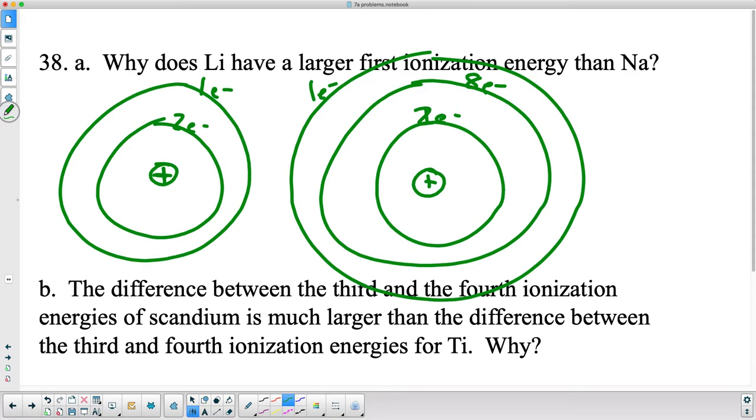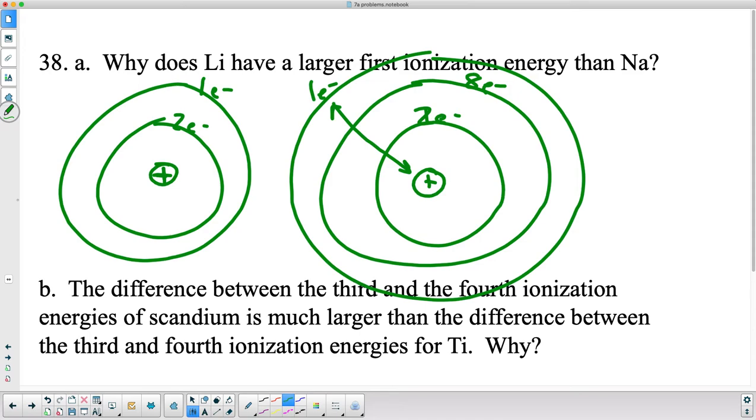First we have to know what ionization energy means. It means the amount of energy it takes to rip the outermost electron off. Notice there is an attraction between positive and negative. One of the main things is the distance between the 2 of them, and sodium has a larger distance, which means less attraction for that electron on the outside.